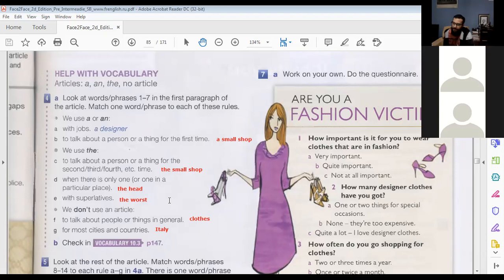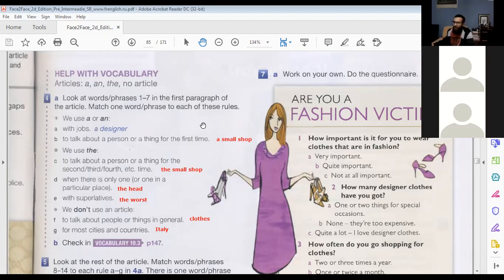Clothes and bags, it's particle, not article. Sorry? What's your question? You said clothes. No article with clothes, because we're talking about something in general when we say clothes. Do you get the idea?